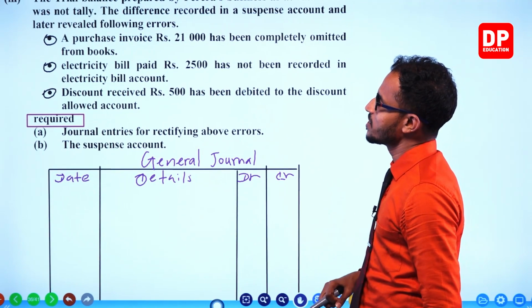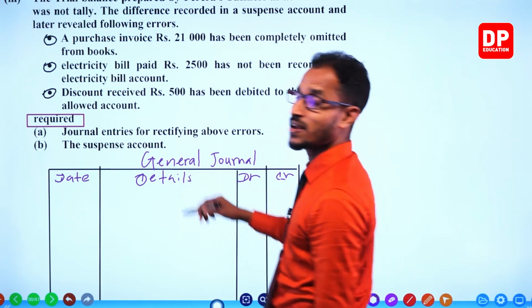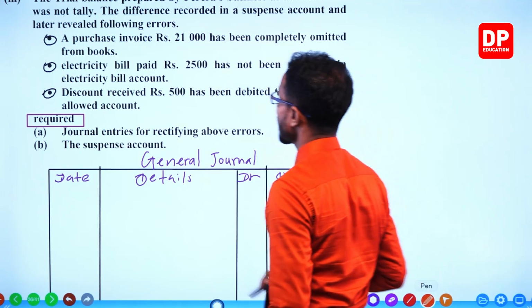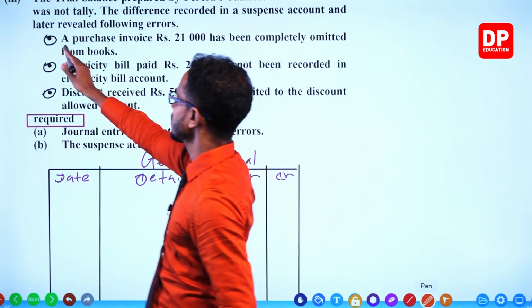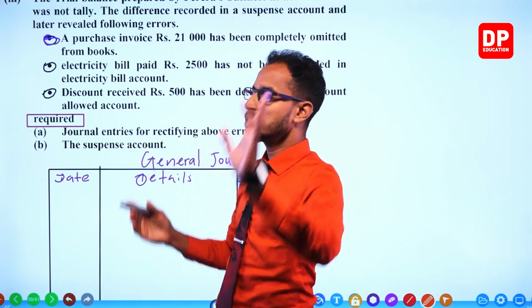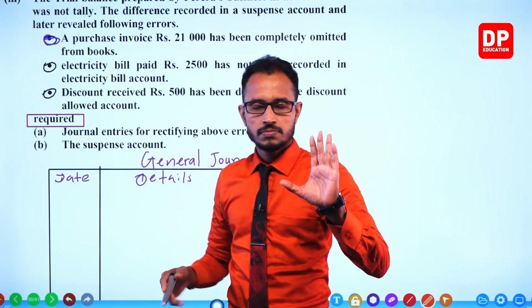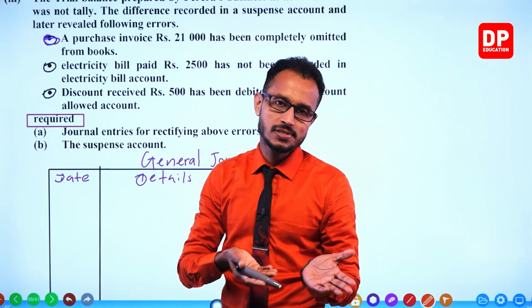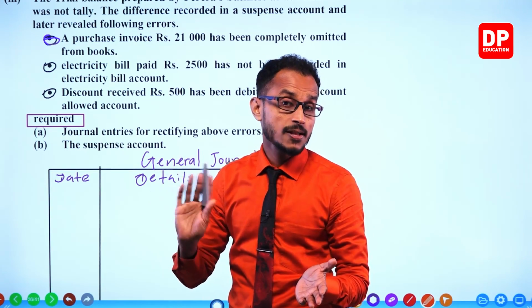The first error is this. Purchase invoice 21,000, completely omitted. Easy. Purchase invoice means a purchase done, purchased goods for the business, done on credit basis.